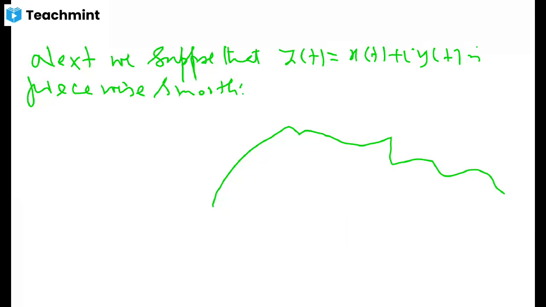For example, you have a piece from here to here, this piece is smooth, then you have another piece from here to here, also smooth. Let this piece be c1, this piece c2, and so on, up to c6. So this means smooth piecewise.